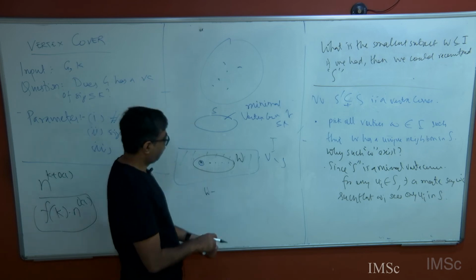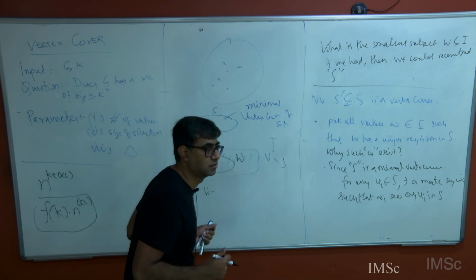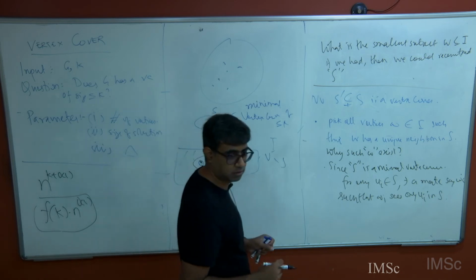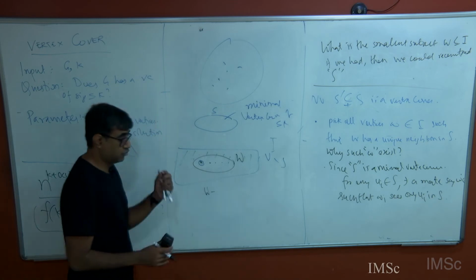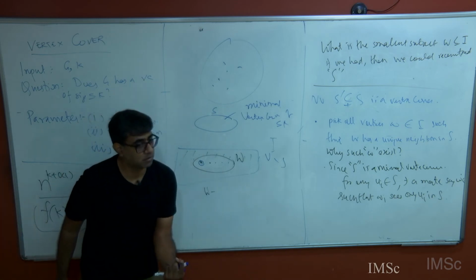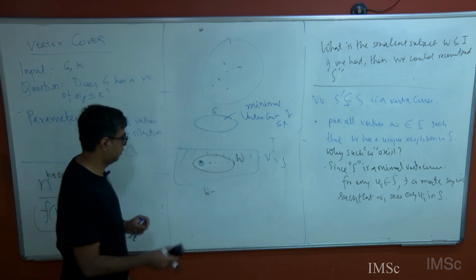Okay? So basically, now we should draw more pictures. There could be many mates, no? You are promised that there is at least one mate, but there could be many mates. Okay? So we'll get there.